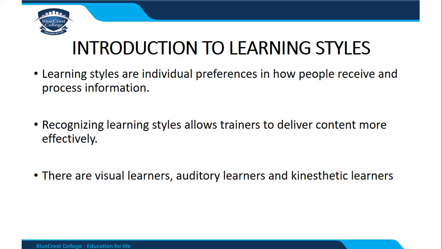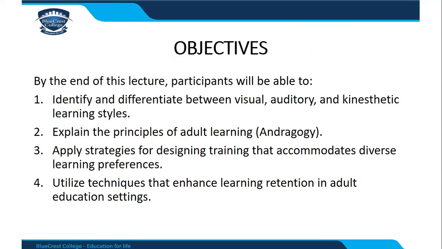We should be able to apply the strategies for designing training that accommodates diverse learning preferences. And then you should be able to use techniques that enhance learning retention in adult education settings.